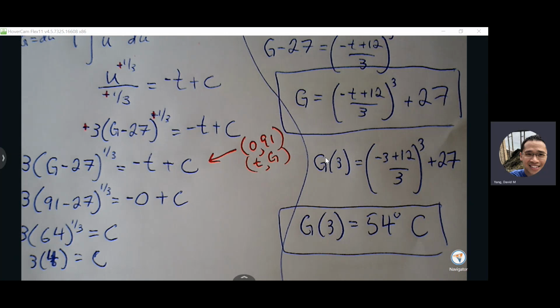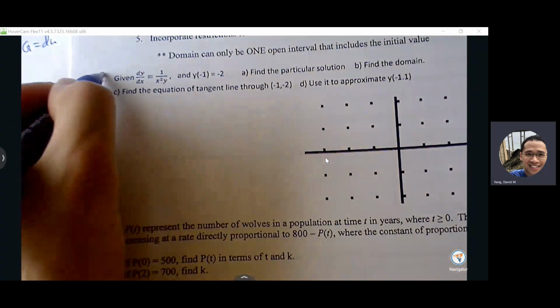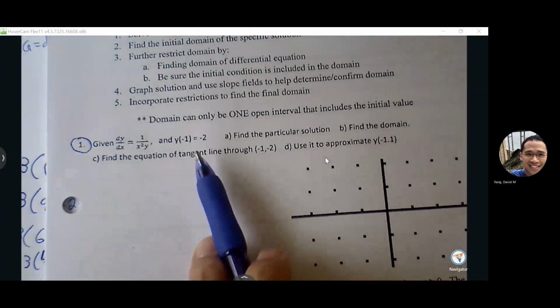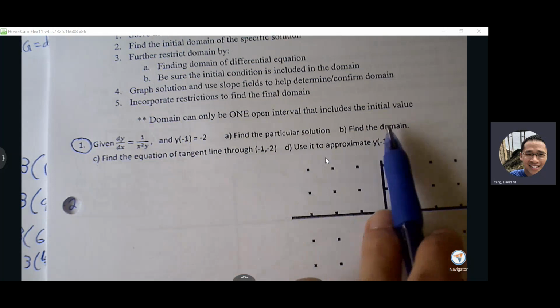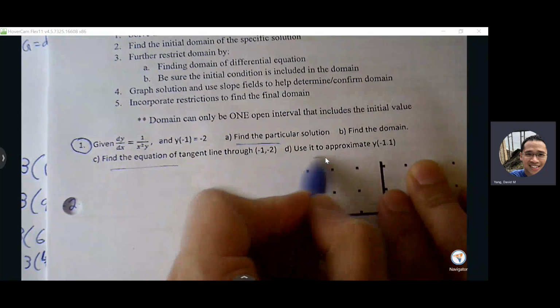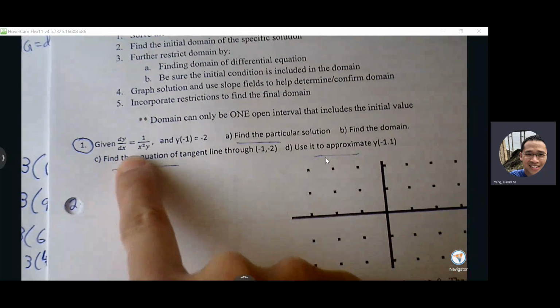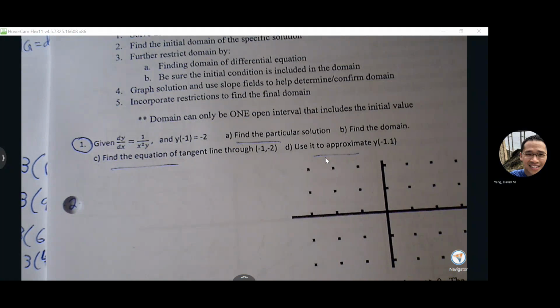Okay, last one. I want us to go to the packet that you guys just picked up, and we're just going to do number 1. So we're going to find a particular solution. Don't worry about the domain yet. Find the equation of the tangent line and use the linear approximation. So we're going to cross multiply. Take the antiderivative, plus C shows up. Take the ordered pair. If you feel like you need additional room, I have some scratch sheets here.